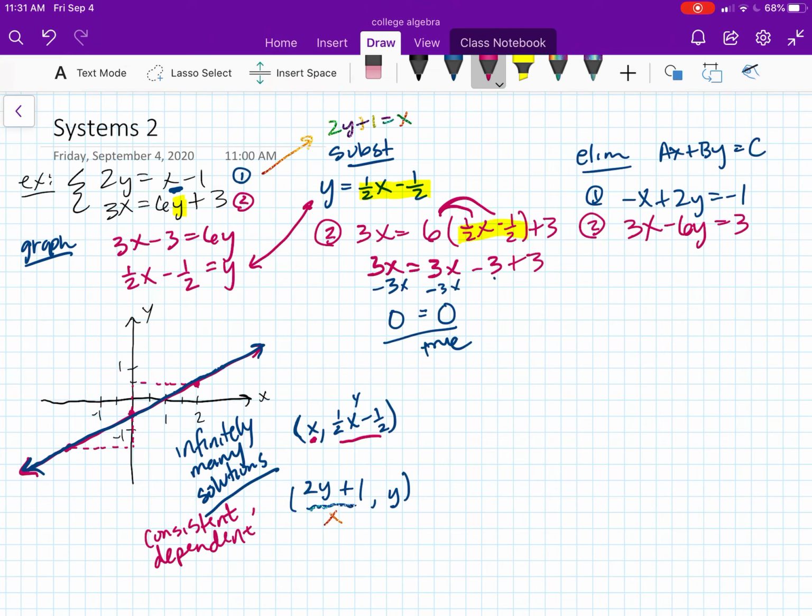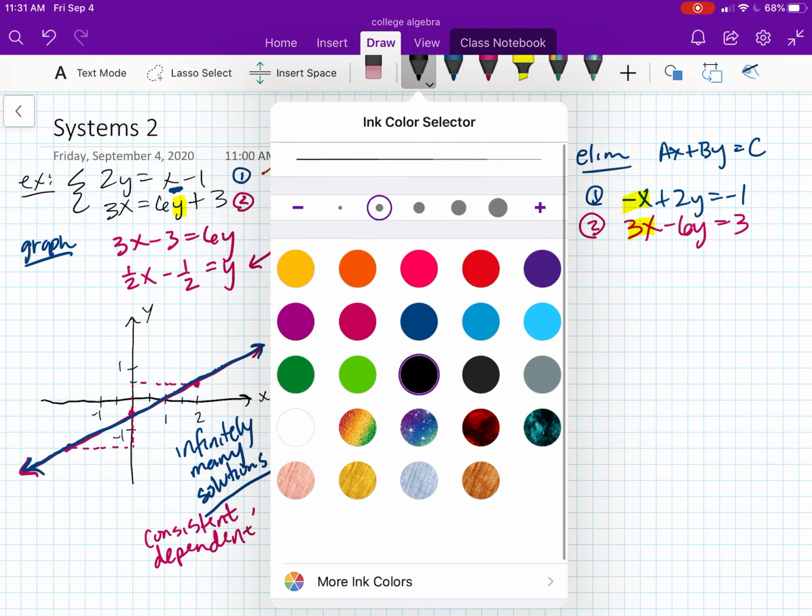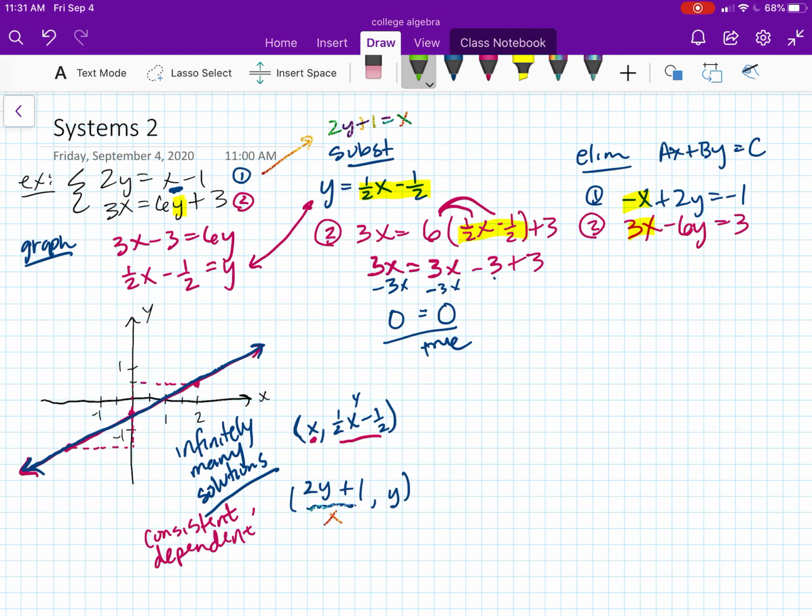Now we have to think, how can we get one of the variables to cancel if we were to combine them? Often this is called the linear combination because I'm combining these two. So probably the easiest way is look at these x's, right? If I have a negative x and a 3x, I know that I would need to multiply this top equation, let me pick an oddball color here, by 3.